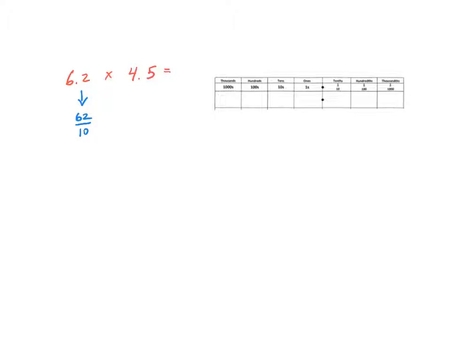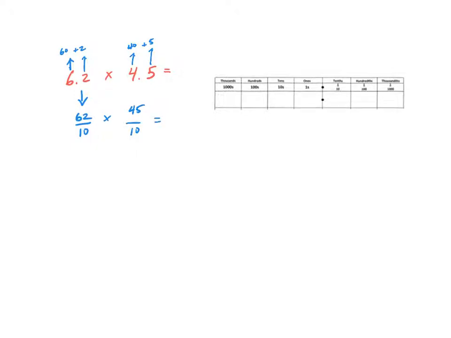The reason for that is each one of these wholes is 10/10, and I have 6 wholes, so that's 60/10, plus these 2 more tenths gives me 62/10. This one right here, 4 and 5/10, would be 40/10, plus these 5 more. 40 plus 5 gives me 45/10.